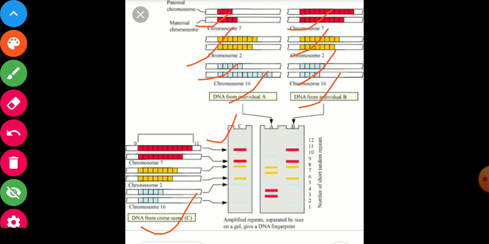So C and B, you can see the DNA pattern of individual B and C is matched. The bands are the same, these bands and these bands are the same.